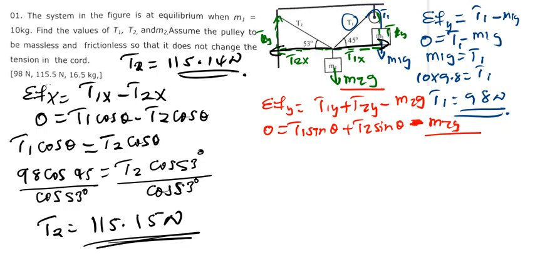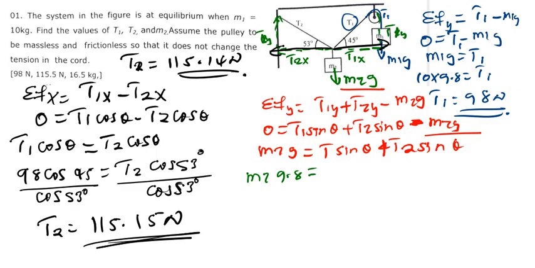If we want, we can shift this to the other side. So we have m2g being equal to T1 sine theta plus T2 sine theta. The m we don't know, but we know the g is 9.8. What is T1?